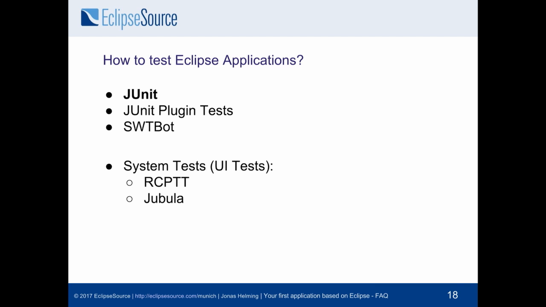Plus, there are two system test tools which are focused on RCP. One is called RCP Testing Tool, RCP-TT, and the other Jubula. Those are more meant for system or acceptance tests of the complete product. They allow recording or defining test scenarios which are then executed on the full application.